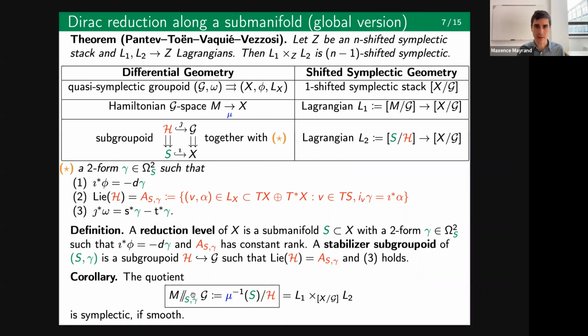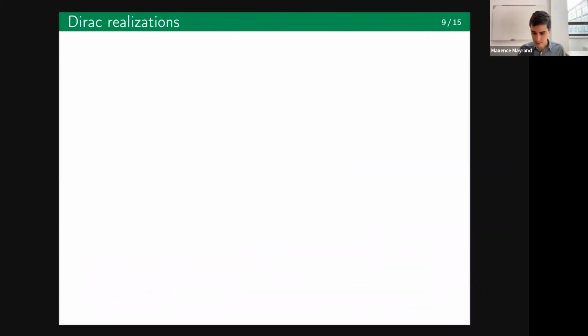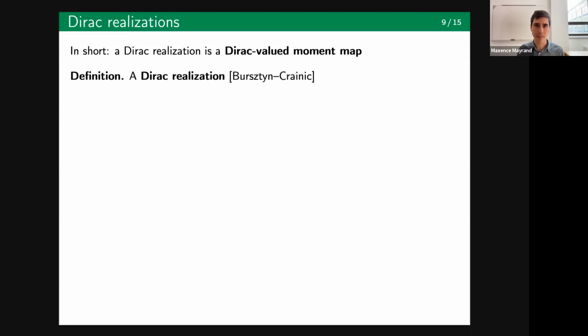So let's do that. It has to do with Dirac realizations. So a Dirac realization, you can think of this as a Dirac valued moment map, generalizing Lie group valued moment maps and ordinary valued moment maps, where the target is a twisted Dirac manifold.